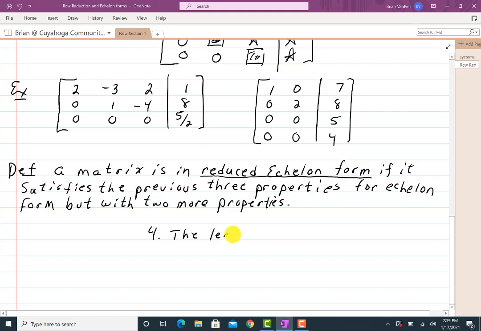4. The leading non-zero entry in a row must be 1.